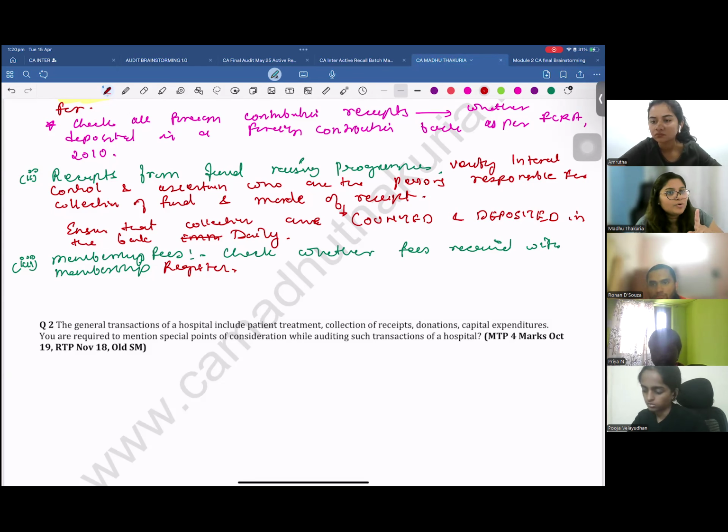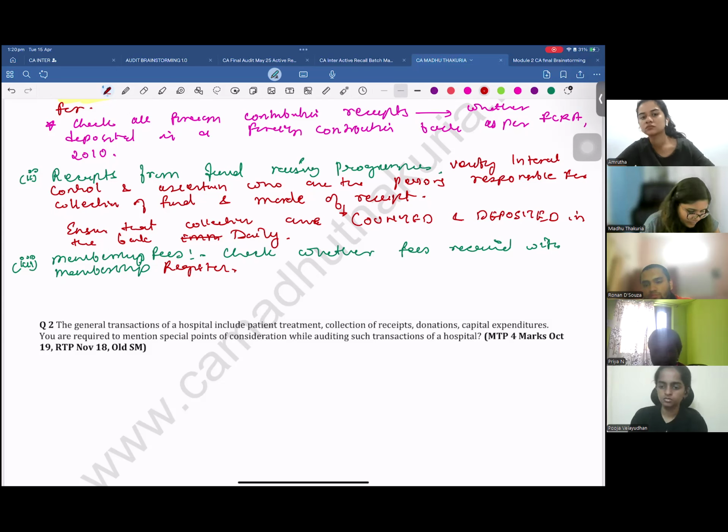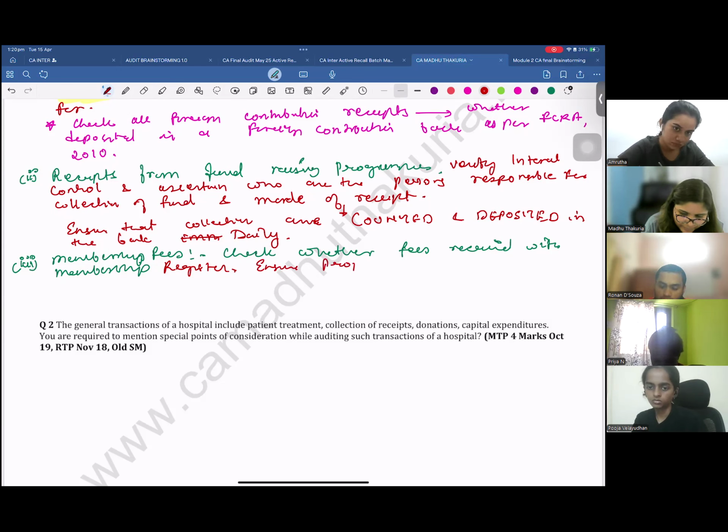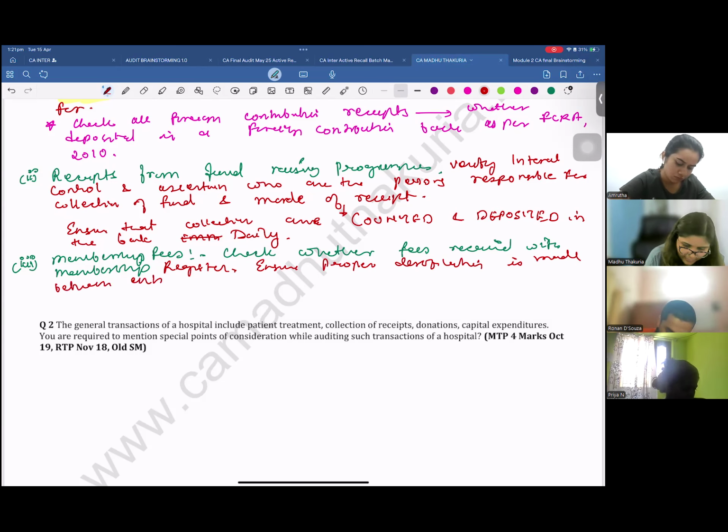In the NPO, you must have studied that the accounting for the entrance fees and the annual fees is different, right? So ensure proper classification is made between entrance and annual fees and life membership fees.